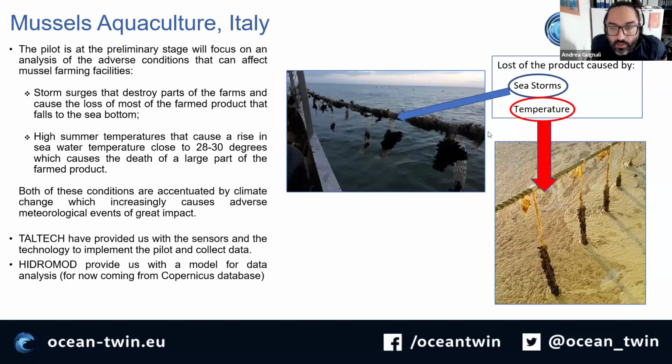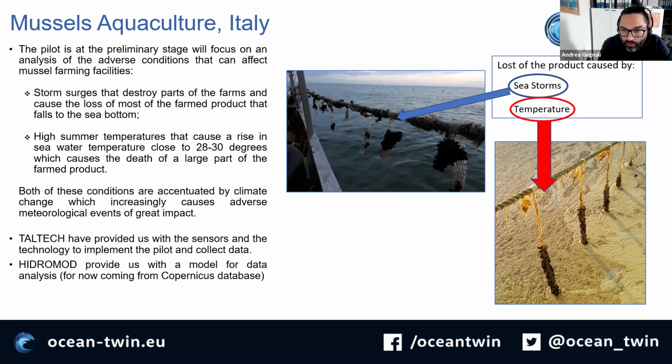This is the damage that you can detect during a strong event like a sea storm or high temperature, because there are algal blooms that can damage the mussel, and also the storm can destroy the mussel net, and the product can be lost during this event.